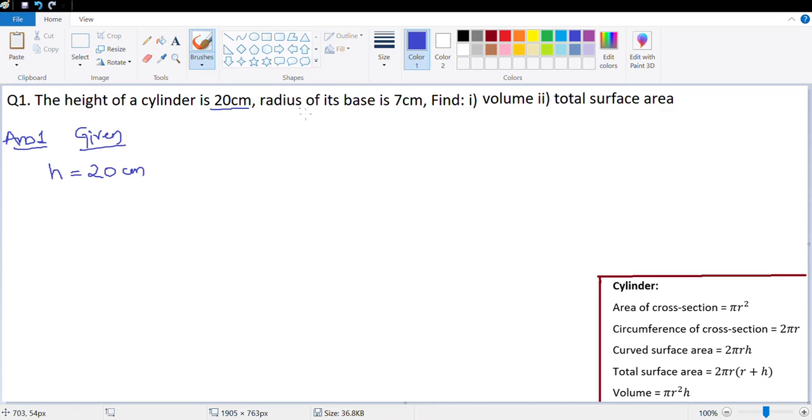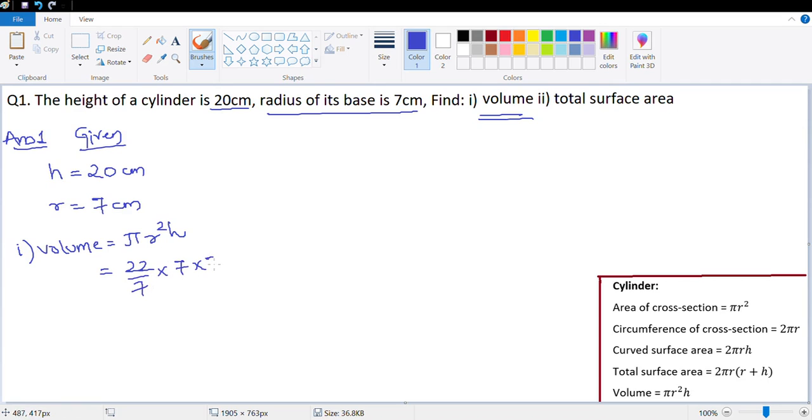The radius of its base is 7 centimeter, which means r is equal to 7 centimeter. We need to find the volume. So volume we know is given as pi r square h. Substituting values, 22 by 7 into r square, which is 7 into 7, into h, which is 20. Unit is centimeter, which means centimeter cube.